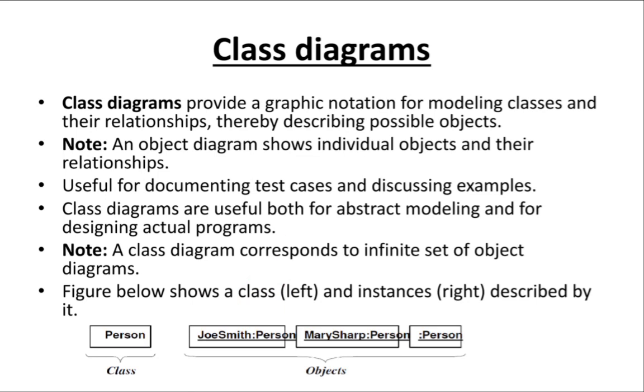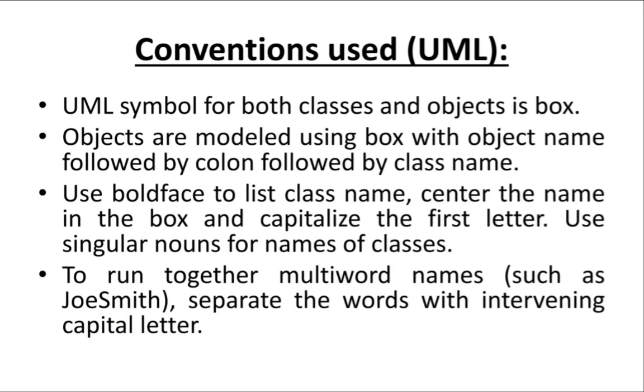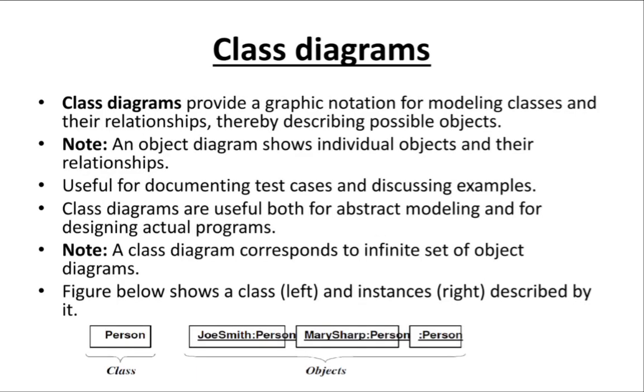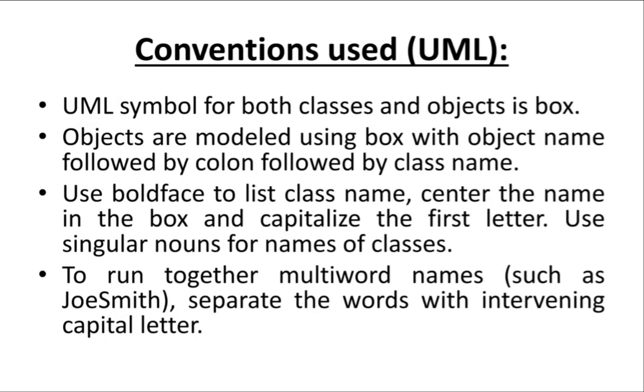After that, the class name. So this is the notation: object name, colon, class name. See, Mary Sharp, object name, colon, then what is the class name? Person, because Mary Sharp belongs to the class person. This is the syntax to represent the object.